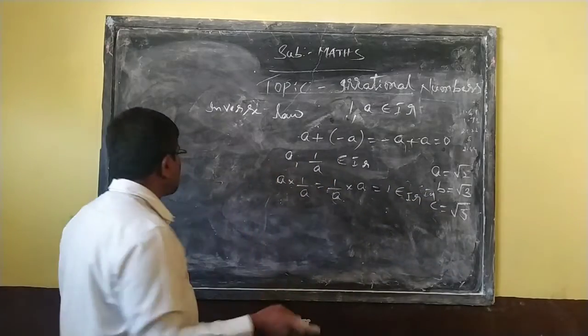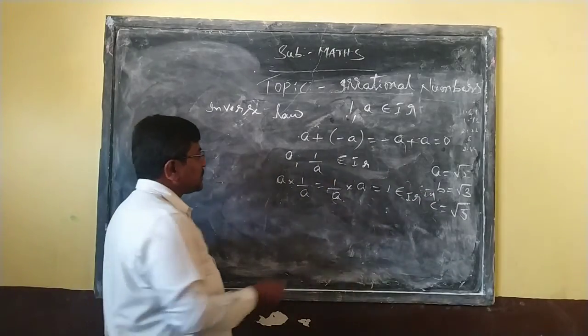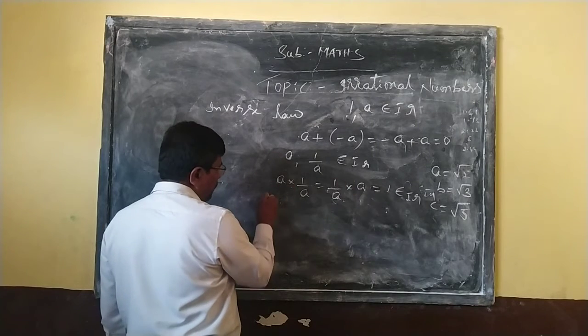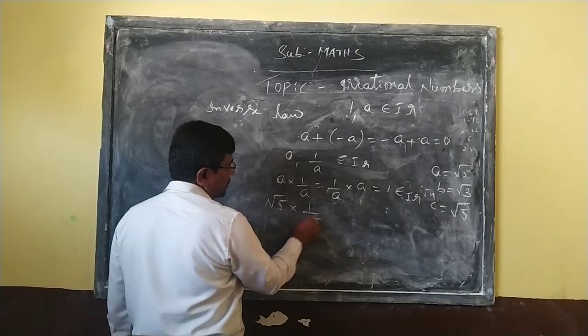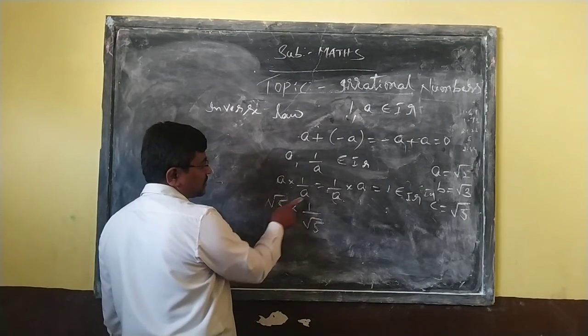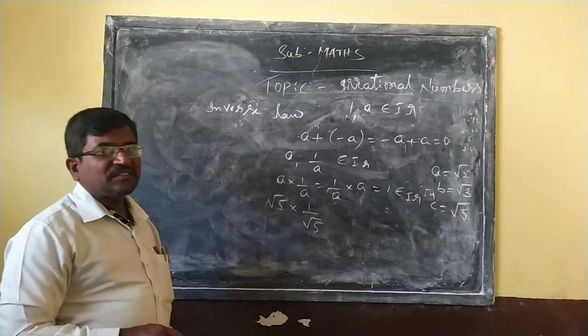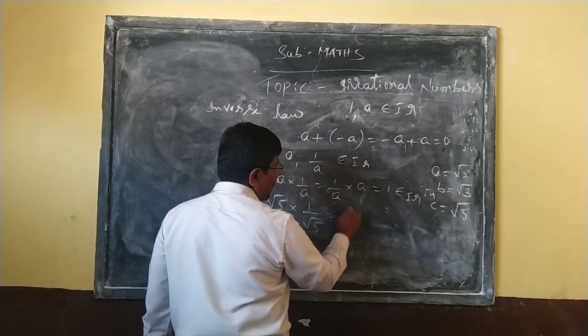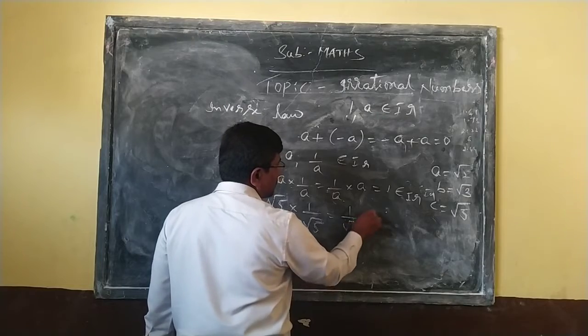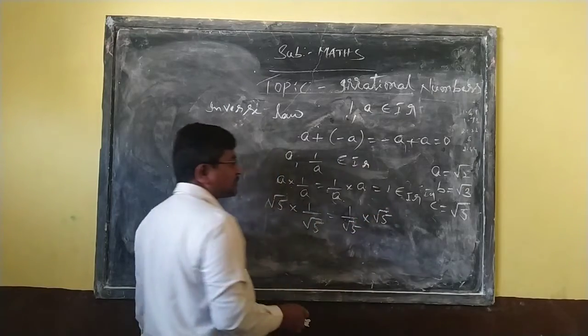So that is also very important. So A is any one of them, root 5 you can take, root 5 into 1 by root 5. See here, multiplicative inverse. So here similarly 1 by root 5 is the multiplicative inverse of root 5.